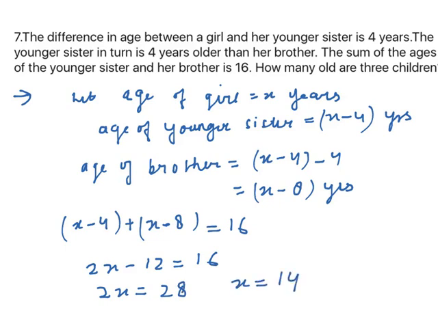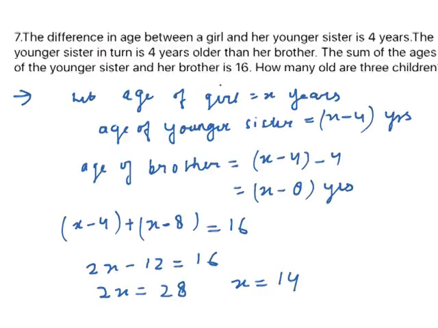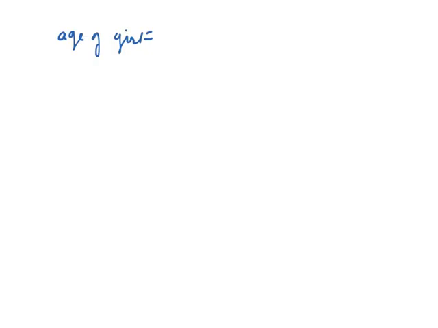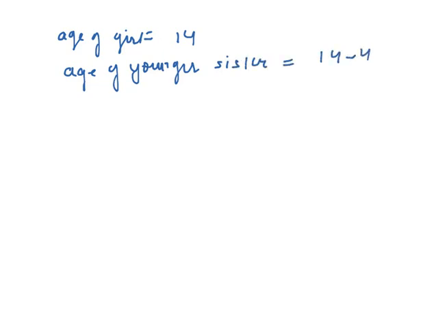So now we can find out the age of each child. Age of girl is equal to x, and we have found the value of x as 14. Age of younger sister will be x minus 4, which means 14 minus 4.